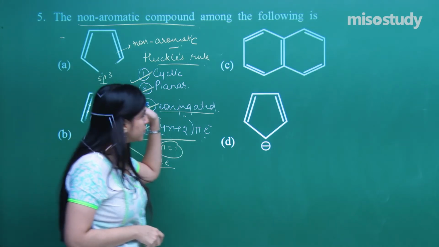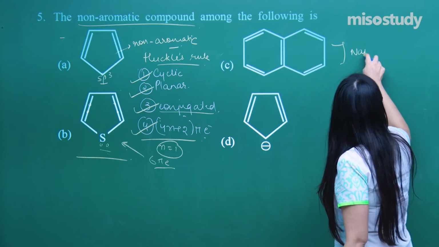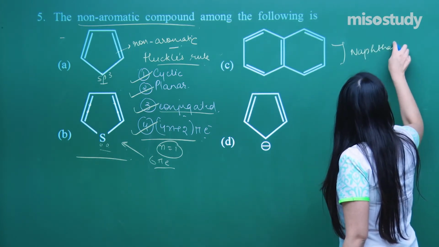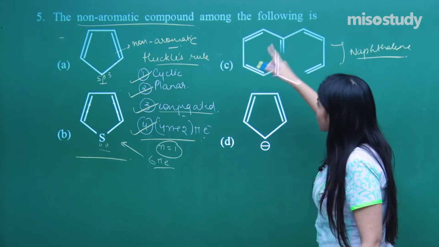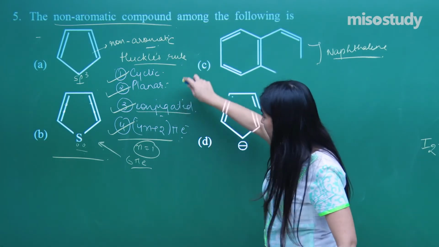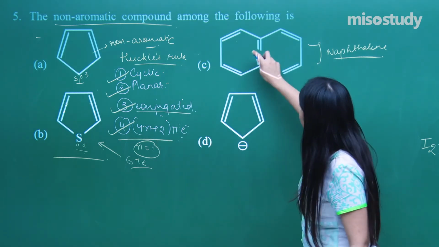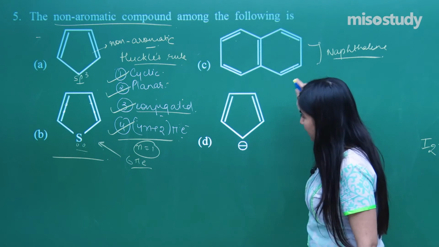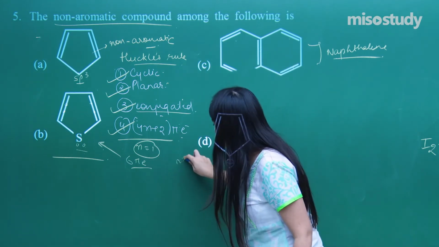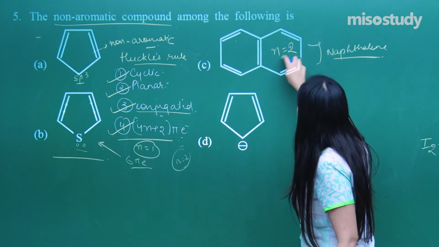Now let's move on to this particular compound. What is this? We all know that is naphthalene. And naphthalene is always cyclic, always planar, always conjugated, and it fulfills 4n plus 2 pi: 1, 2, 3, 4, 5, 6, 7, 8, 9, 10. That means if I put n equals 2, what do we get? Here n equals 2, we get our answer.